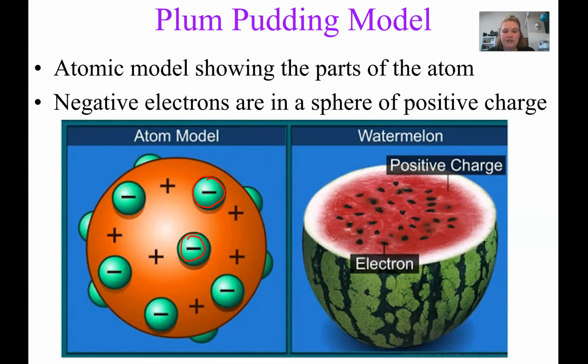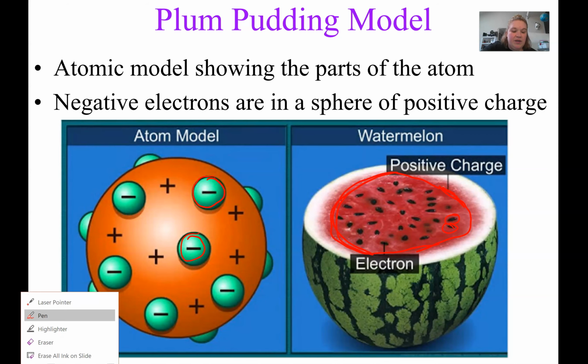So that orange is just a ball of positive energy or positive charge. So in our watermelon version, the seeds are the electrons, and then the watermelon itself, the red, is all of the positive charge surrounding that negative charge. So it gives something to balance out that charge with.